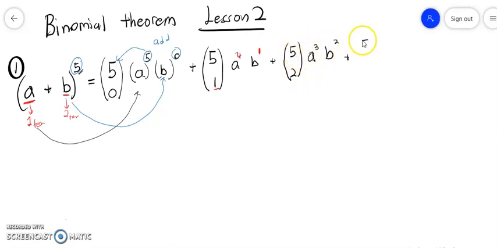Then we carry on with 5, 3, which will give you A squared and B cubed. And then here we have 5, 4.